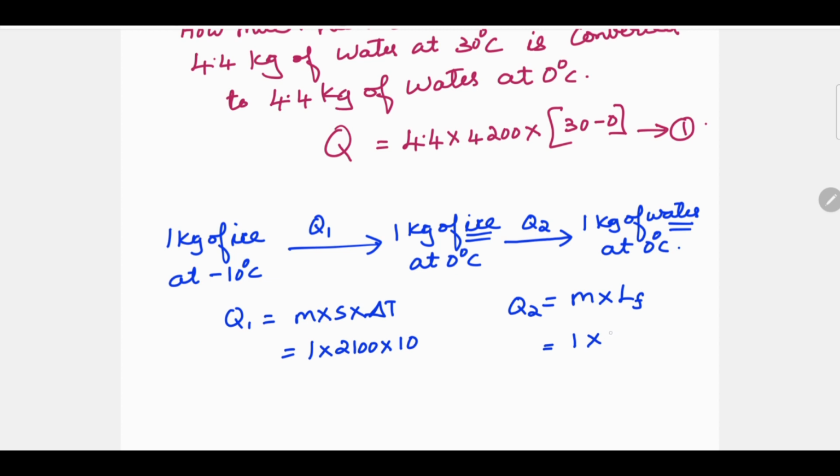I am writing it here in calorie. But since mass is in kilogram, the calorie should be converted to equivalent joule format. So 1 into 80 into 4.2, which is equal to 336 joules.